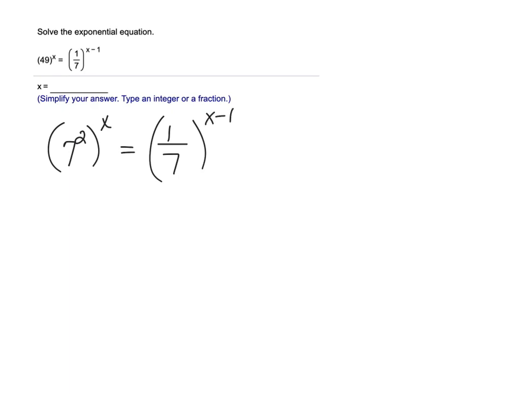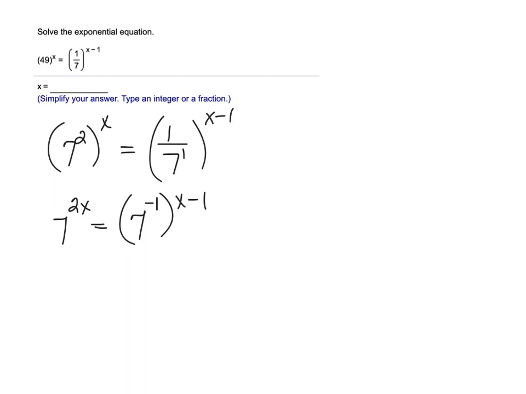All right, so remember, we want to get 7 as our base. So we need to bring, look, this is 1 over 7 to the first. We want to bring that to the numerator. You can do that by making that 7 to the negative 1. All right, and we've got our bases. Now, if you notice in this first part, remember when you have 7 squared all to the x, an exponent raised to an exponent, you just multiply them.